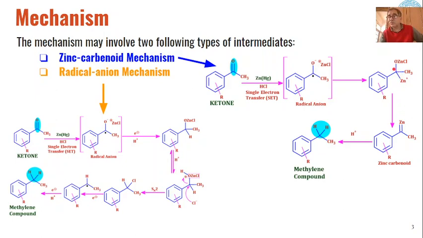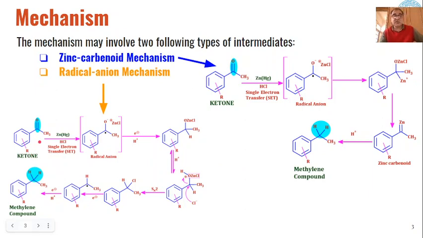Then with the removal of this OZnCl, we will get this type of intermediate which is called zinc carbenoid. This zinc carbenoid on hydrolysis under acidic conditions, because HCl is present in the reaction medium, will be converted into a methylene compound. So this is how, through the formation of the zinc carbenoid, ketones can be converted into methylene compounds.